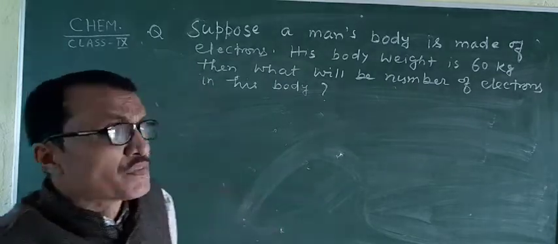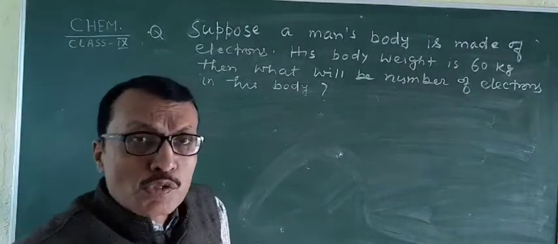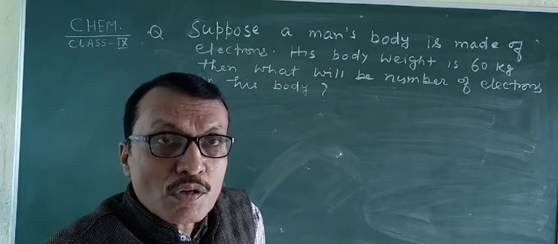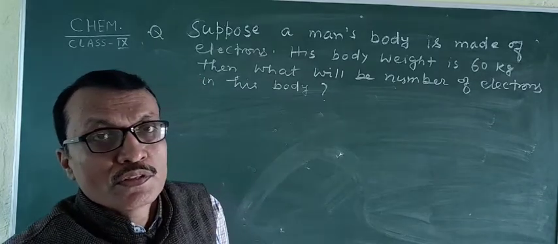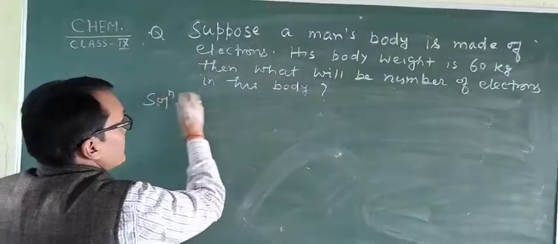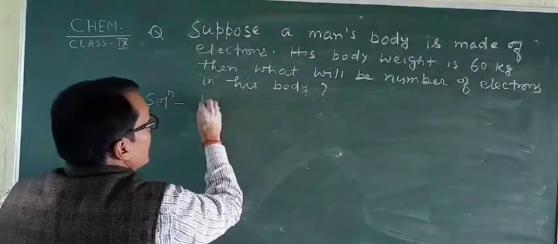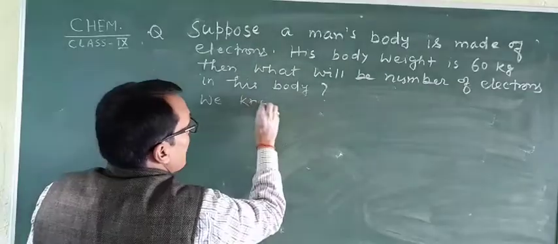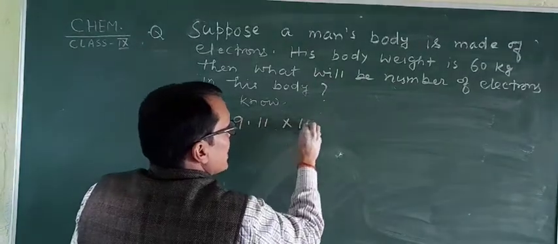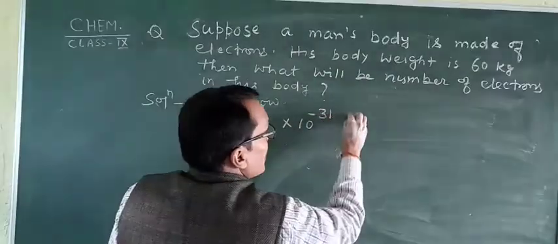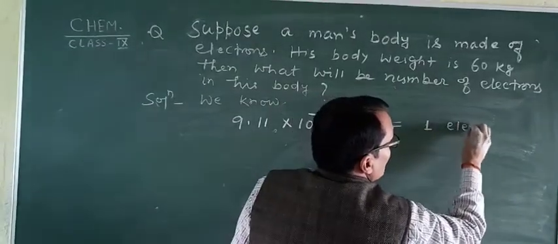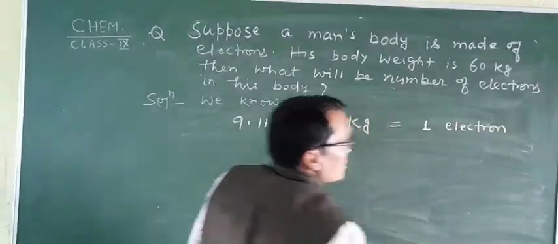So students, this question is also based on the absolute mass of an electron. So we will start solving it. We know 9.11 multiplied 10 to the power minus 31 kg is equal to 1 electron.